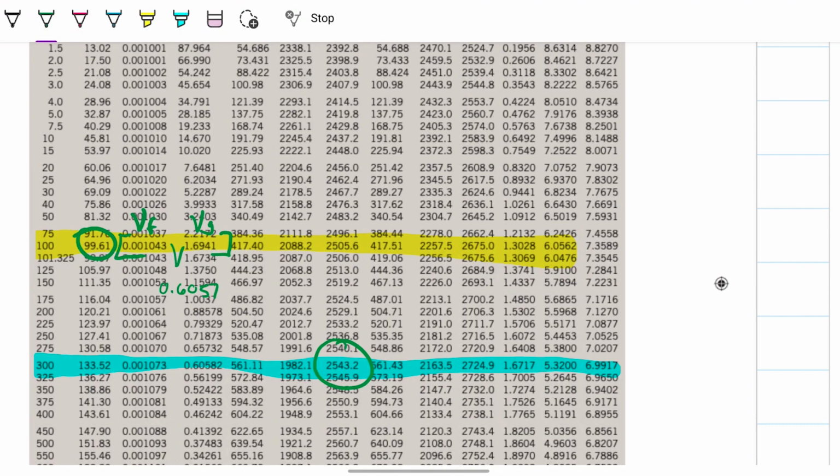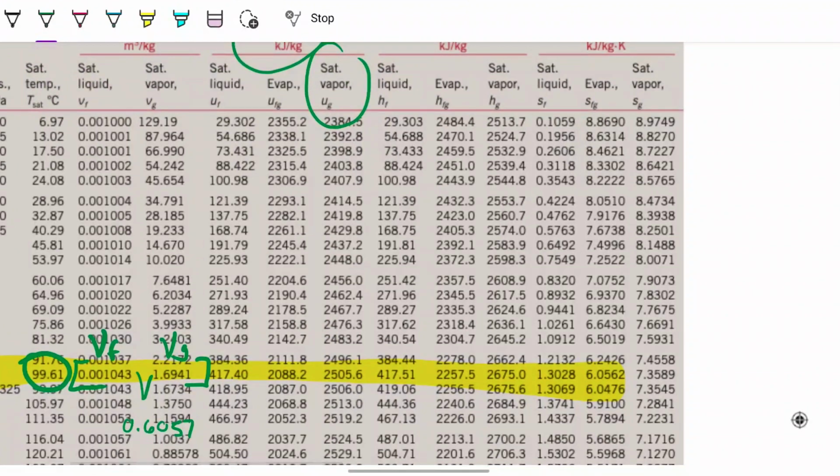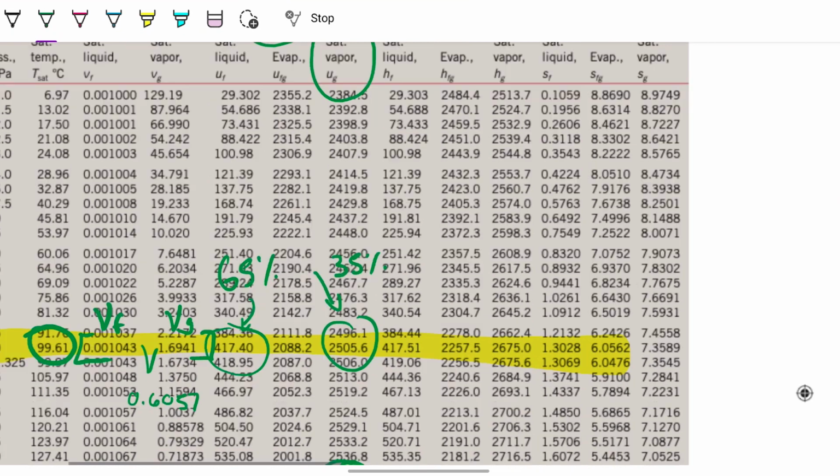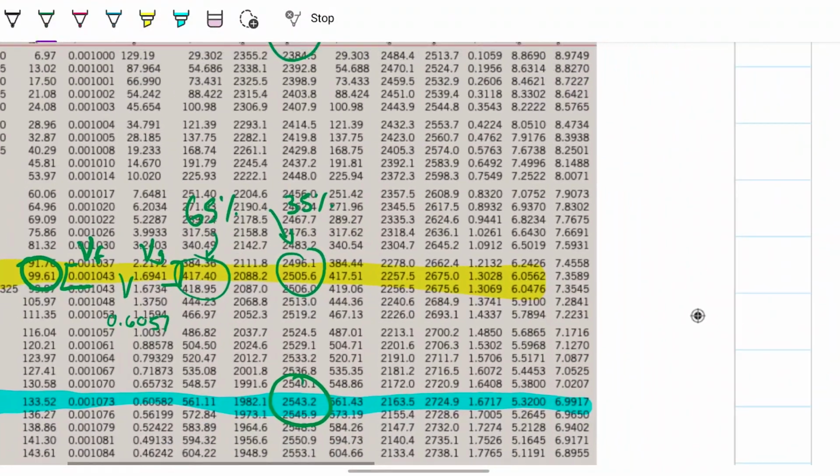Then over here, because it's a mixture, I need to get 35% of this one and then 65% of this one, the 417. That's how we go about doing that. We have it all, so you only need to do the math.